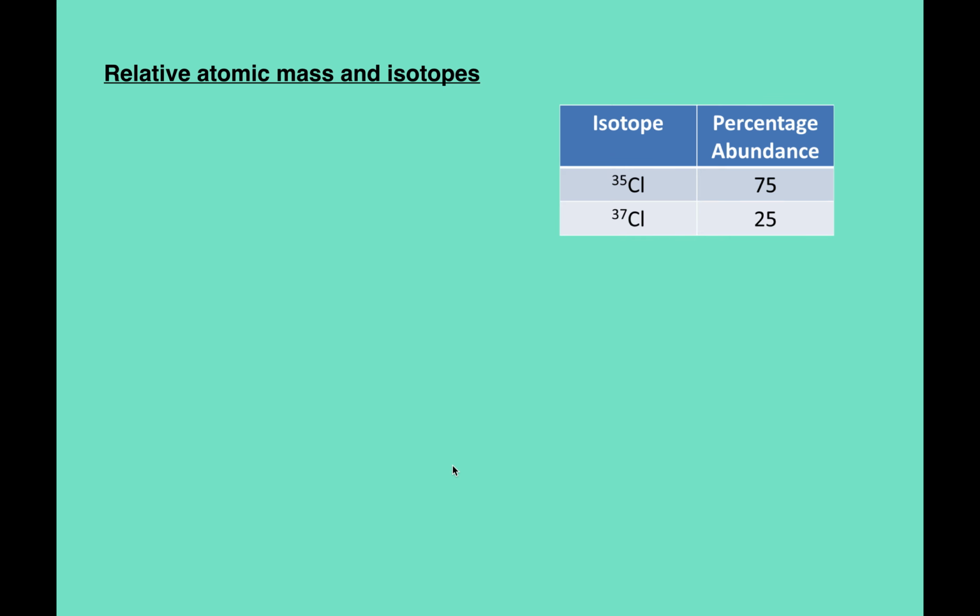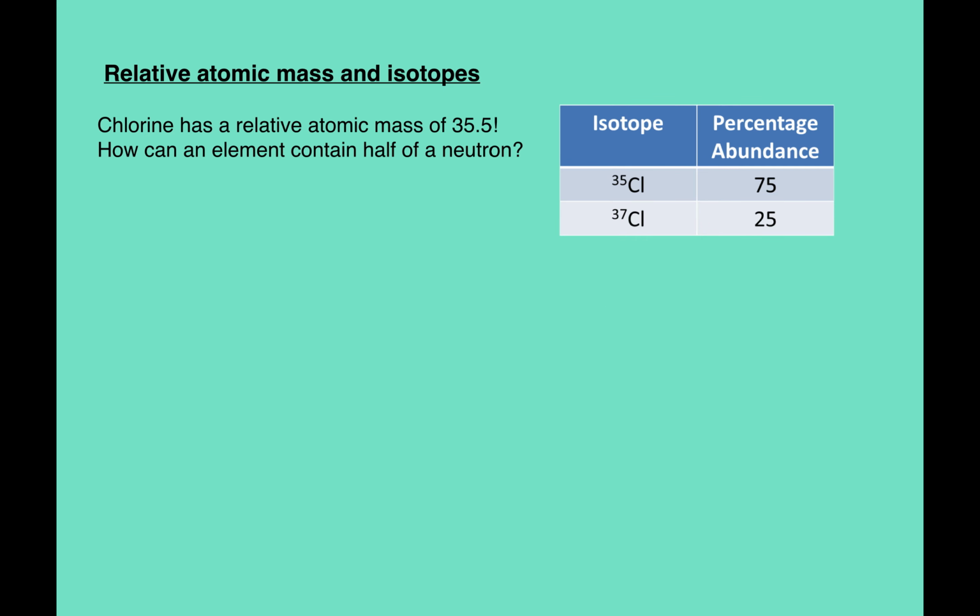There you are. There's the relative abundances of chlorine-35 and chlorine-37. So for every 3 atoms of chlorine-35, there's 1 atom of chlorine-37. That doesn't mean it has half a neutron.